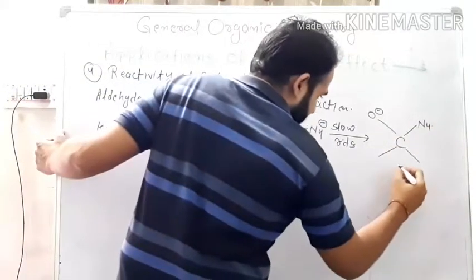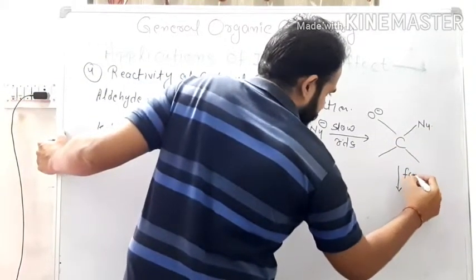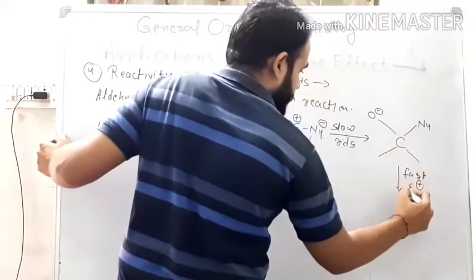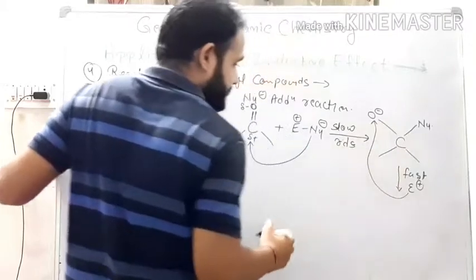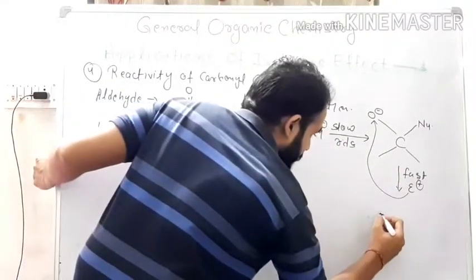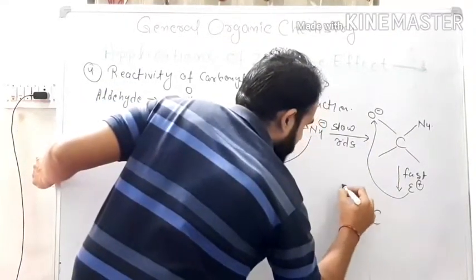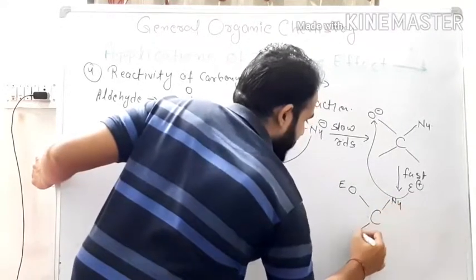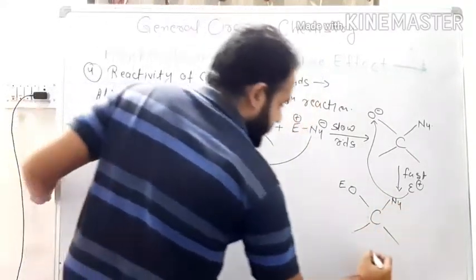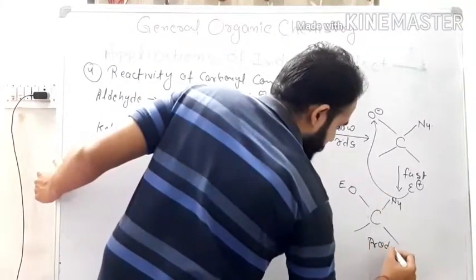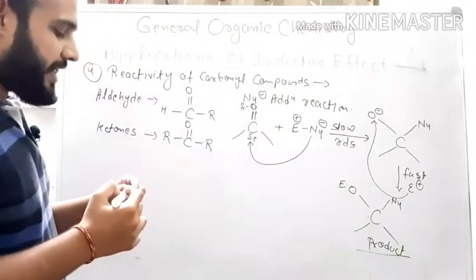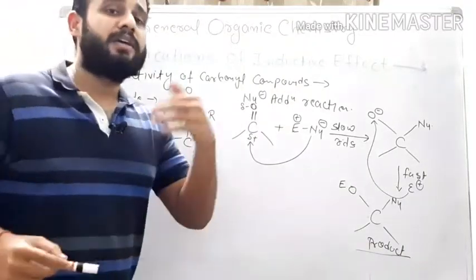After that, in the second step, your electrophile will attack this oxygen and ultimately you have a product. So this is the complete reaction mechanism of nucleophilic addition reaction on carbonyl carbon.